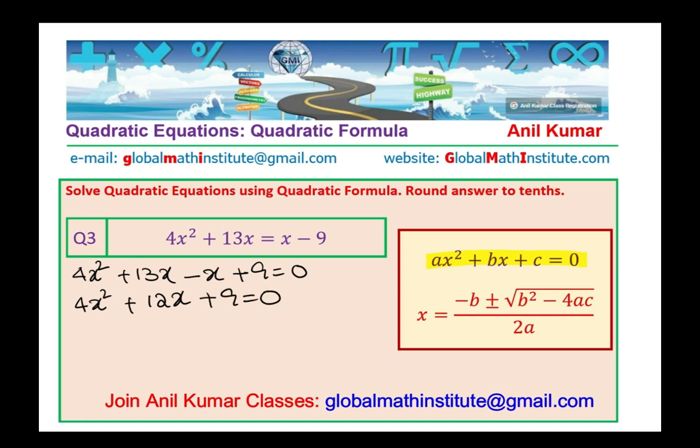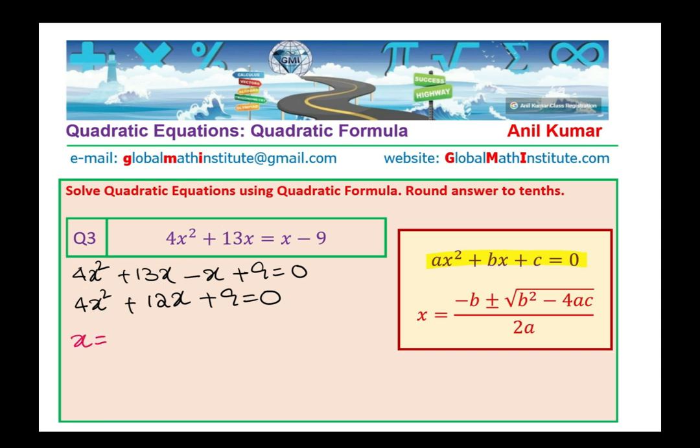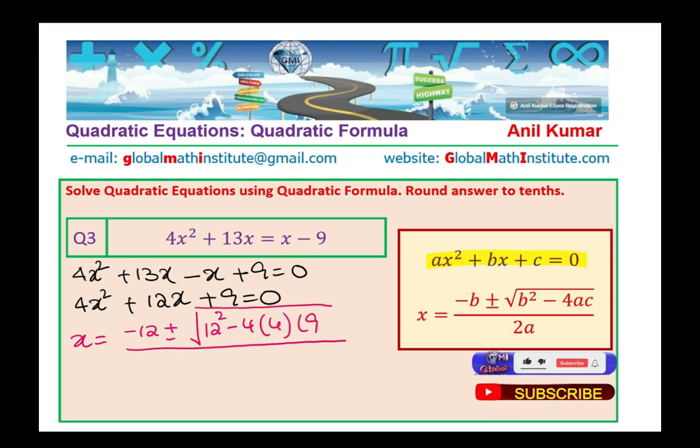Now we are going to apply the formula and we'll write x equals minus b, which means minus 12. So I'm not separately writing what is a, b, and c now. Is it okay? So plus or minus square root of 12 squared minus 4 times a is 4, c is 9, over 2 times 4.